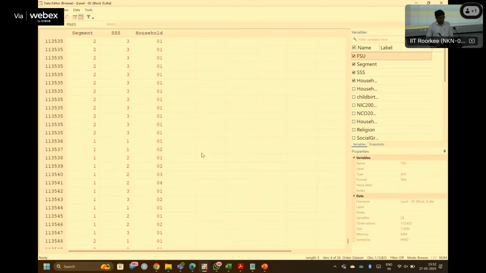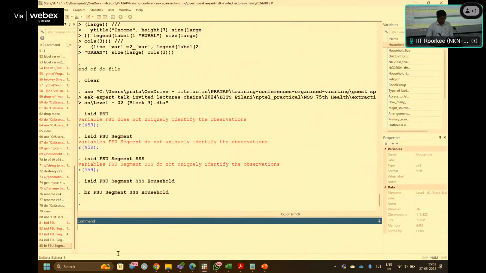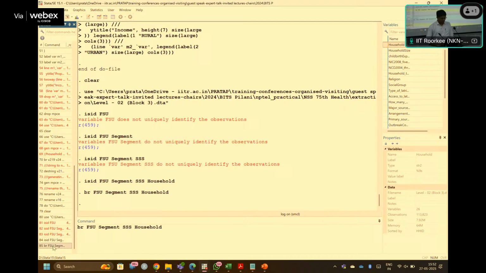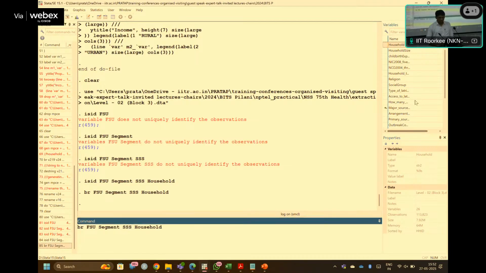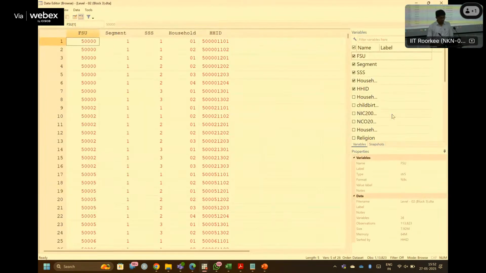All four are here. Another one I generated is the household variable, HHID, combining these 4 variables.